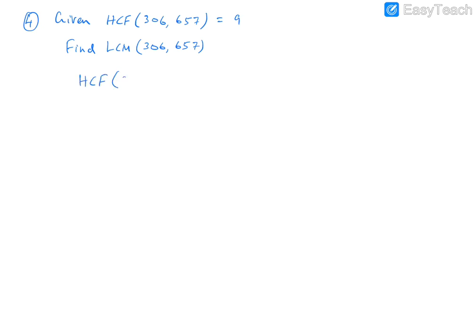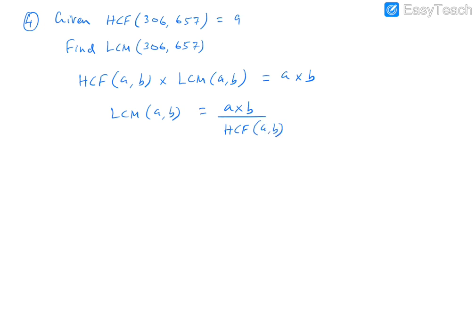So HCF of A and B into LCM of A and B, when you have only two numbers, is equal to A into B. So that means LCM of A and B is equal to A times B divided by HCF of A and B.